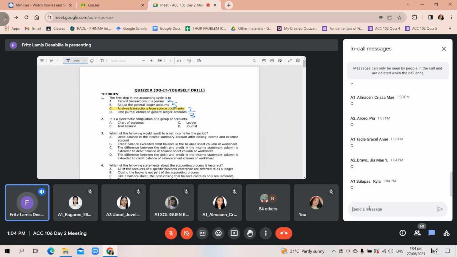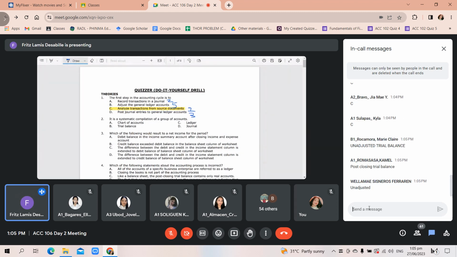Again, question, guys. What are the steps in the accounting cycle which are optional? Additional questions. Which steps that I mentioned earlier are optional? Sige.